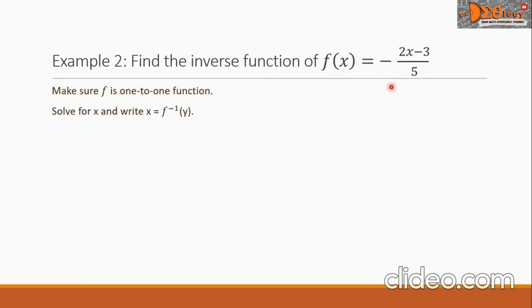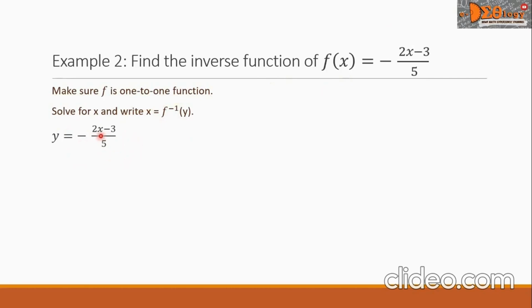I'm going to copy this problem again here, but instead of f of x, I will change this to y. So I have here y equals the negative of 2x minus 3 all over 5, and I will solve for x.